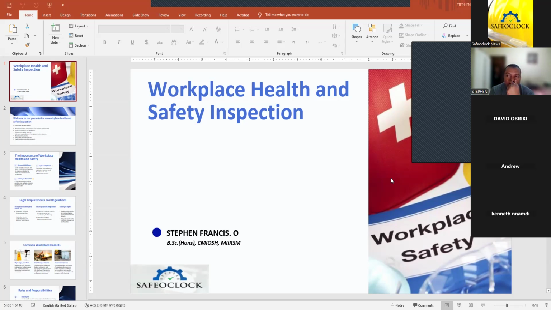And also, before such equipment is brought to site, pre-mobilization inspection is done, and that is also executed with the use of a standardized safety inspection checklist. So these are the practical and operational applications of safety inspections.